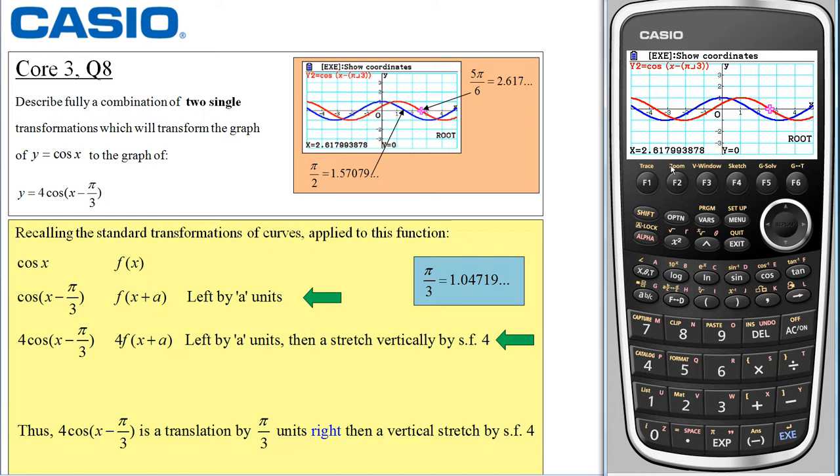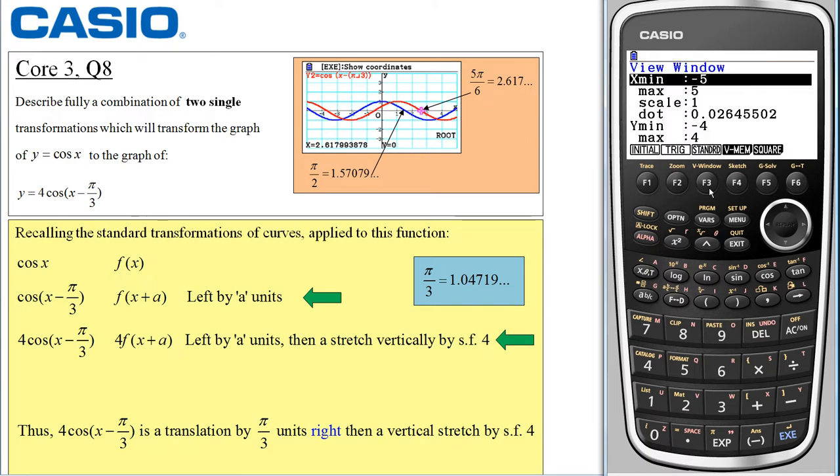To look at the vertical stretch, I want to first of all change the V window, because at the moment my Y minimum is minus 4 and my maximum is 4. And although that should be sufficient, I'd like to be able to see the peaks clearly.